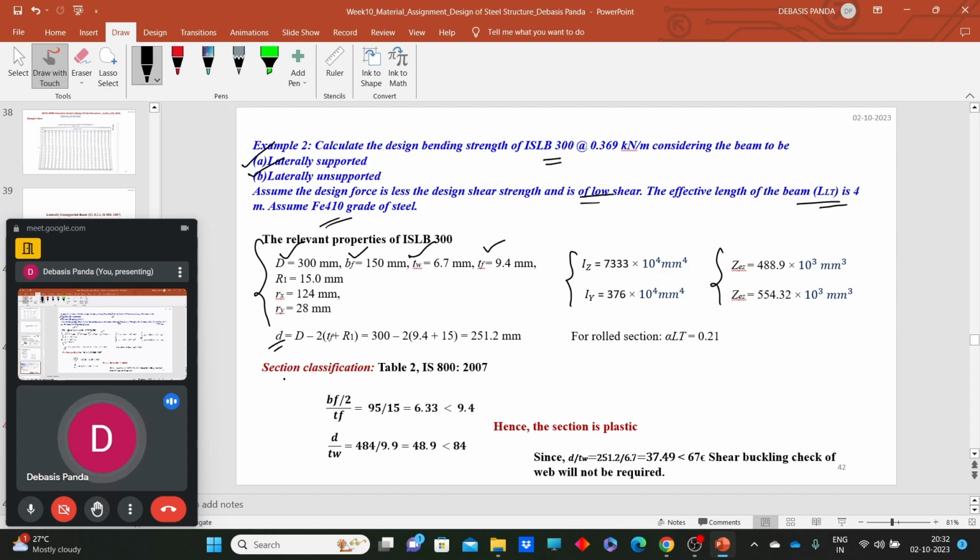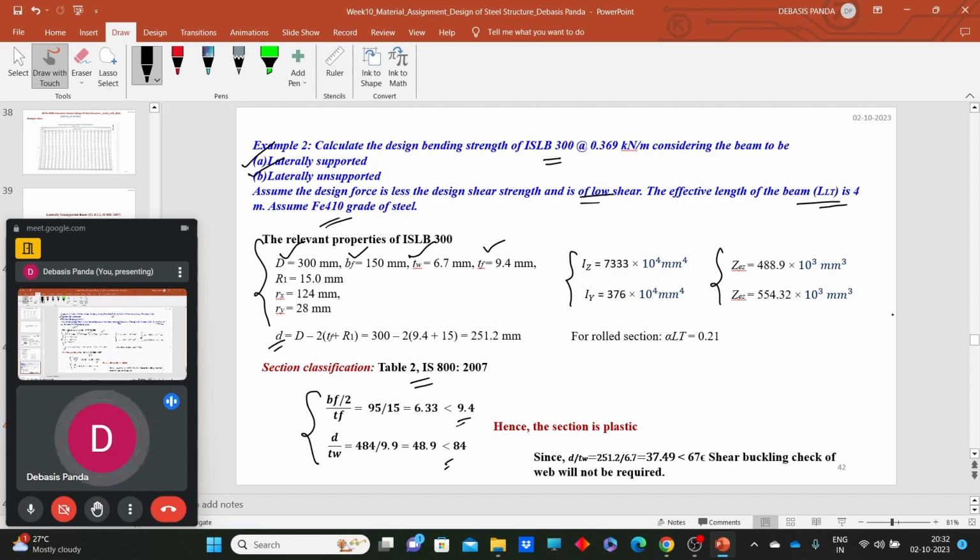In the second step, we need to identify what kind of section this is. So we need to look at Table 2. First, we check bf by 2 divided by tf, which is well within 9.4, and d by tw; this check is under the plastic section conditions in Table 2.